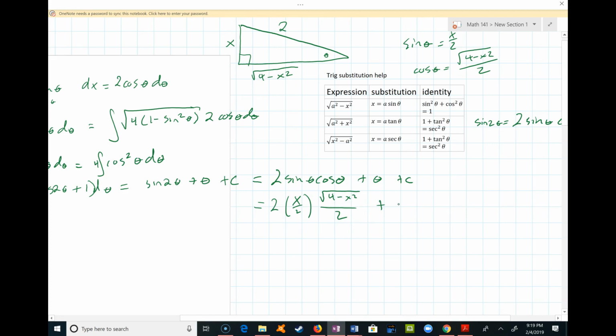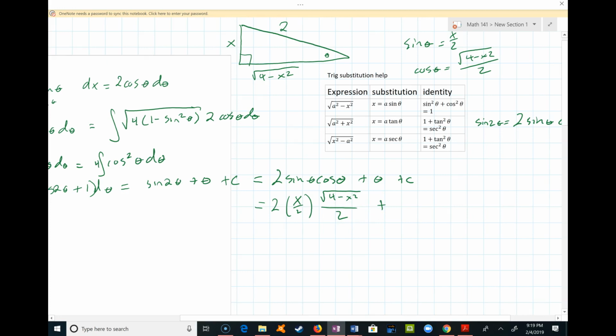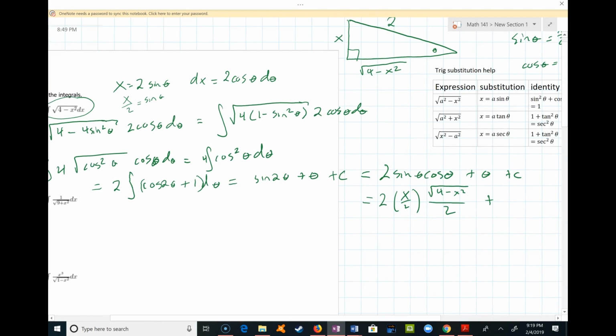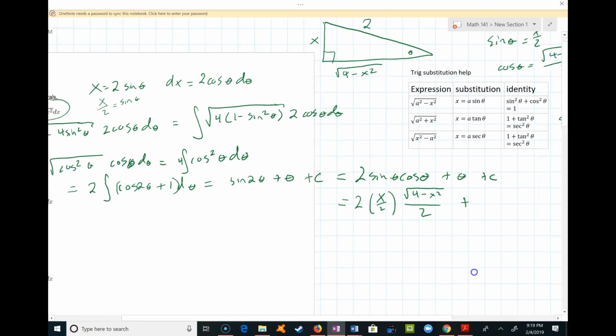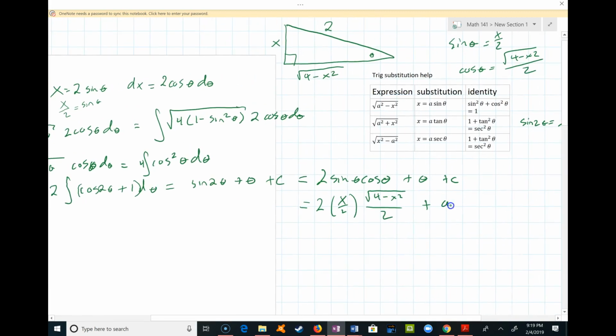And finally, theta. If we wanted to, we could take the inverse sine and find out what theta is. So that's going to be arc sine of x over 2, and then plus c. We can simplify this. Those 2's will cancel out, so I'm left with x times the square root of 4 minus x squared, all over 2, plus arc sine of x over 2 plus c.